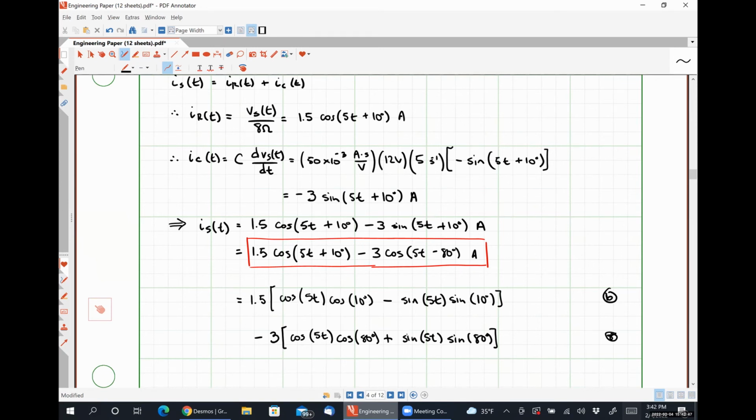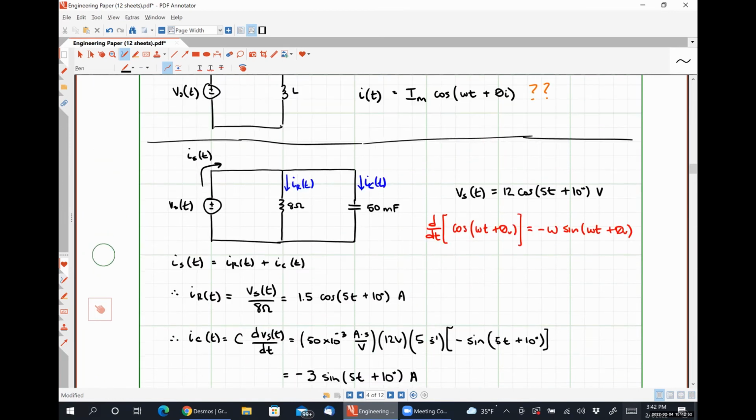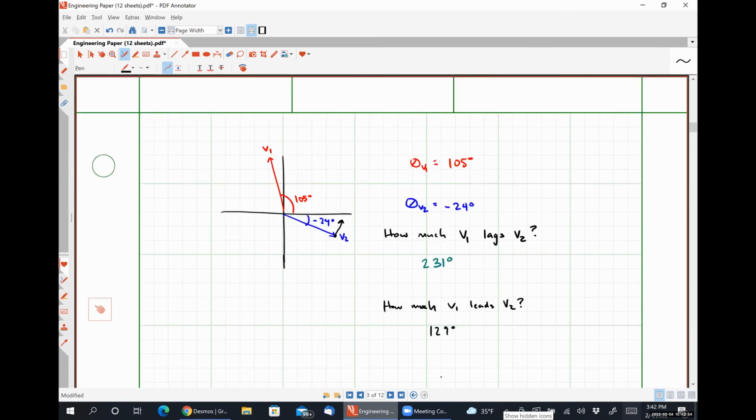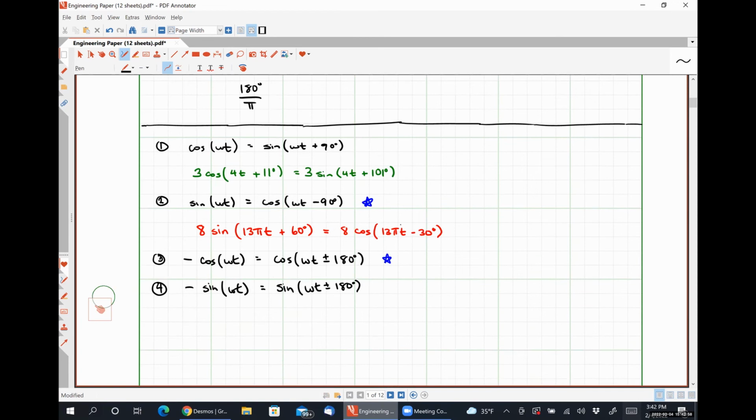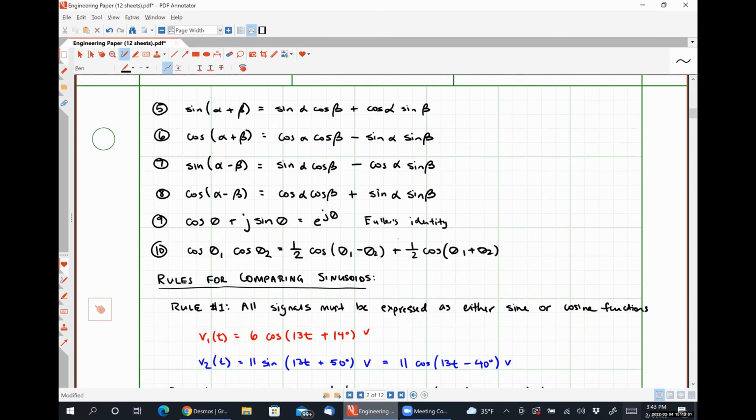So let's go back and look at our trig identities real quick, because that's a fantastic question. Scroll, scroll, scroll. Sorry, slightly too far. So trig identity 6 says when I have cosine alpha plus beta, I use this guy.